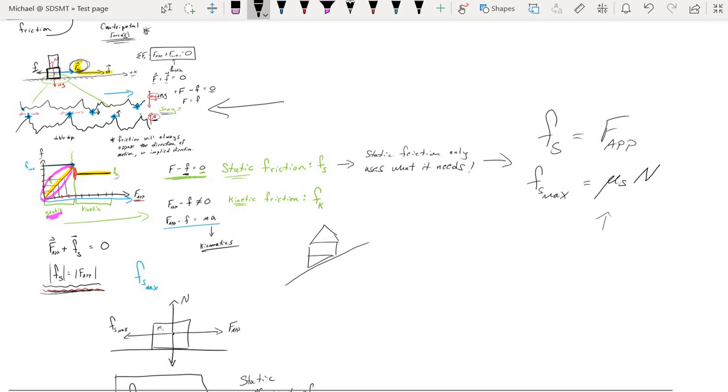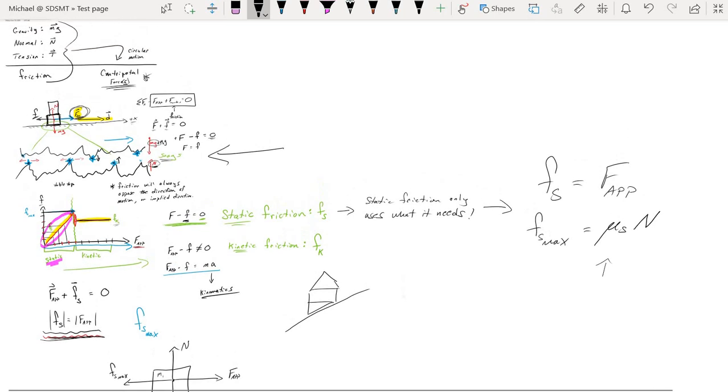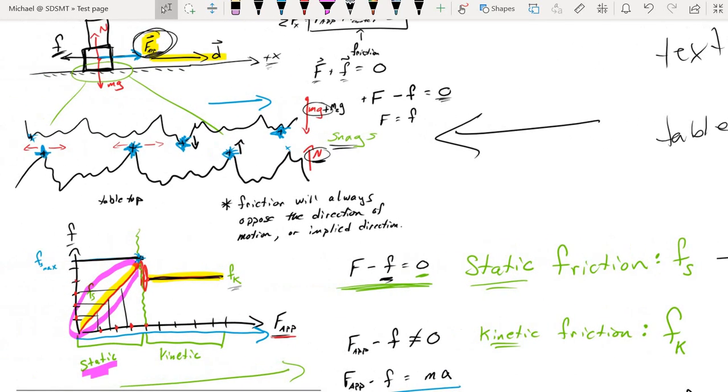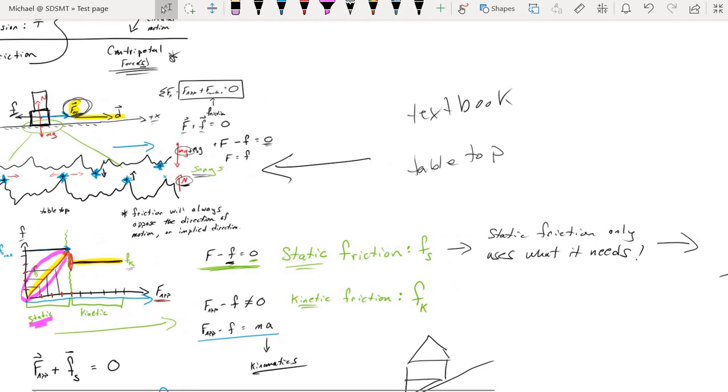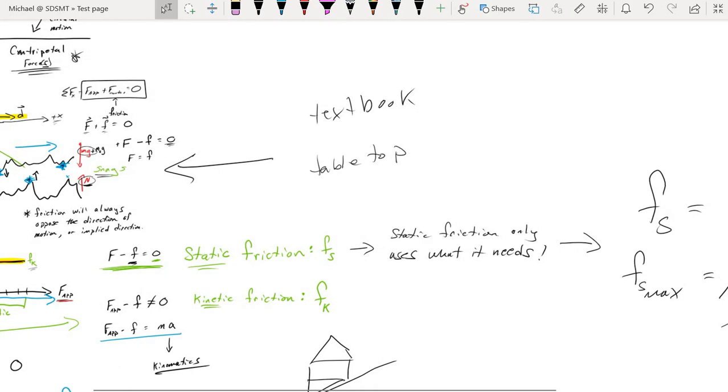If we were to take this picture that we had here with the peaks and valleys, maybe that's a textbook sliding over a tabletop. And so the smoothness of those surfaces is going to tell us just how those peak-to-peak snags are going to play out in terms of the friction. But what if we switched one of these?